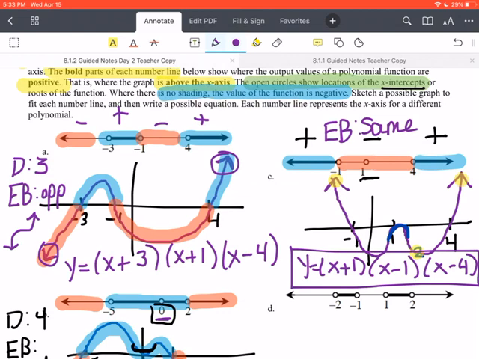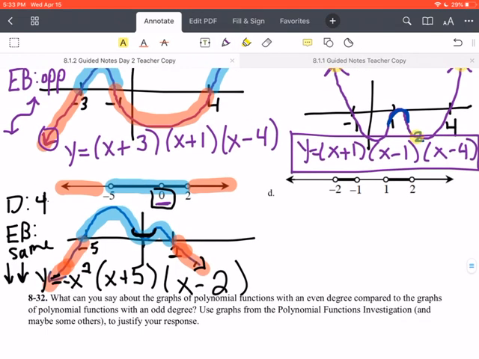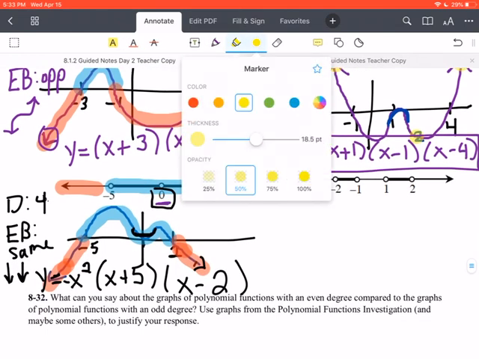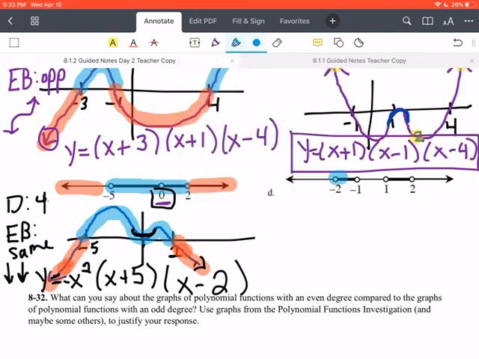Okay? Finally, we have one more, and we see that our positive region is -2 to -1, 1 to 2, and then our negative region is everything on the outskirts.